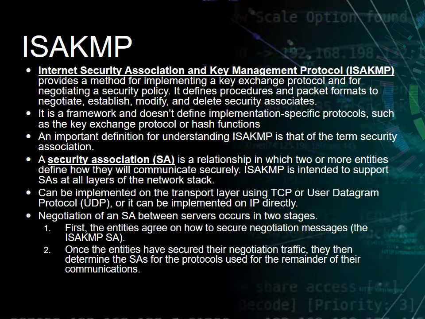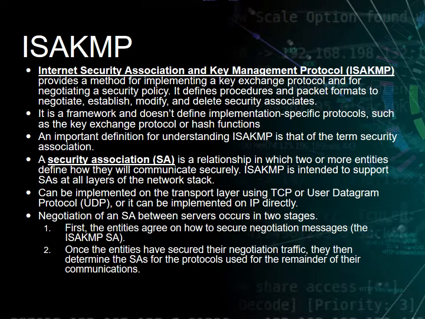This acronym you often hear referred to as ISAKMP. It means Internet Security Association and Key Management Protocol. It provides a method or an implementation of a key exchange protocol and for negotiating a security policy. It defines procedures and packet formats to negotiate, establish, modify, and delete security associations.